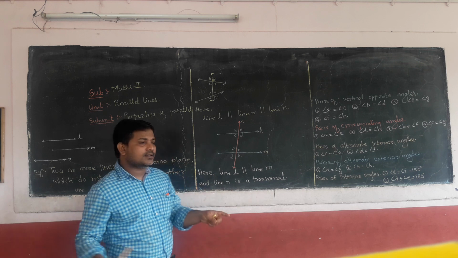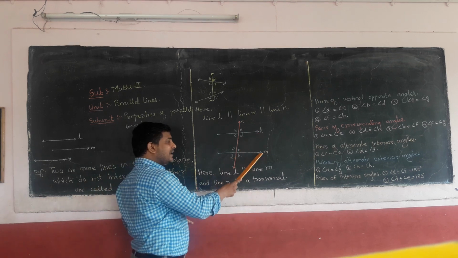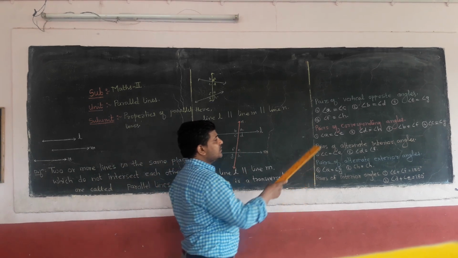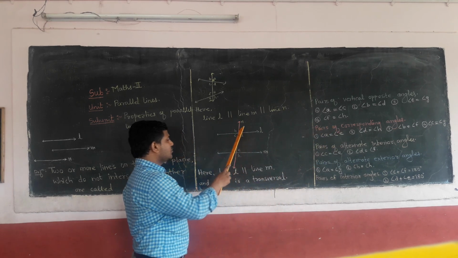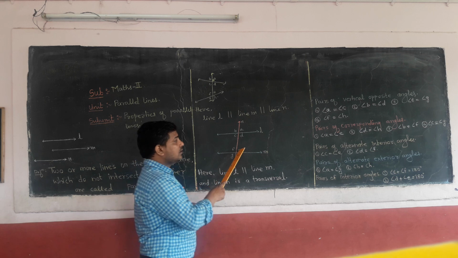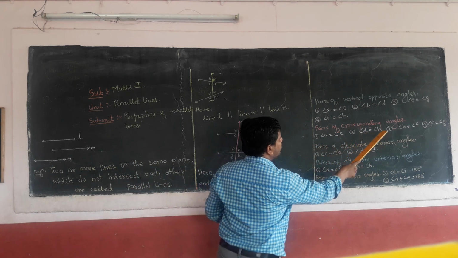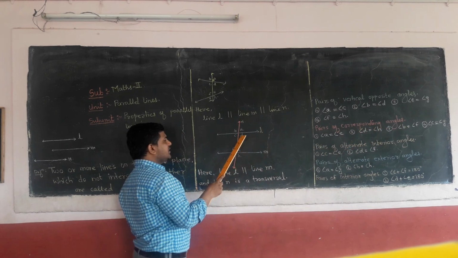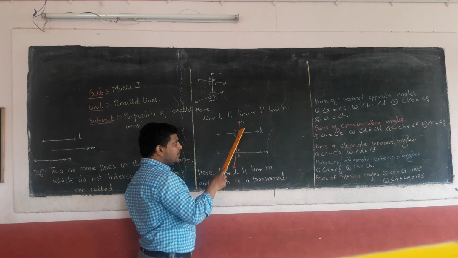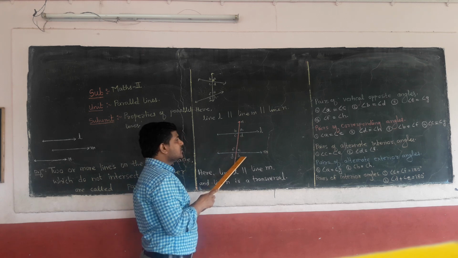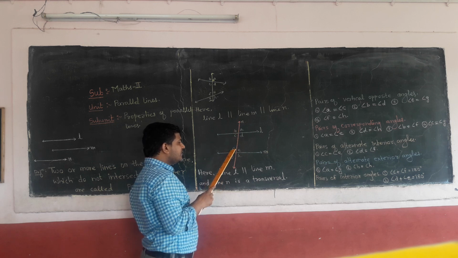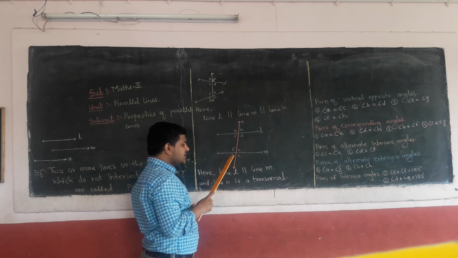And if these lines are parallel, then what is the relation between them? A is congruent with E, corresponding angles. And D is congruent with H, upper angles and the lower angles, corresponding angles. Similarly, B is congruent with F, and angle C is congruent with angle G.